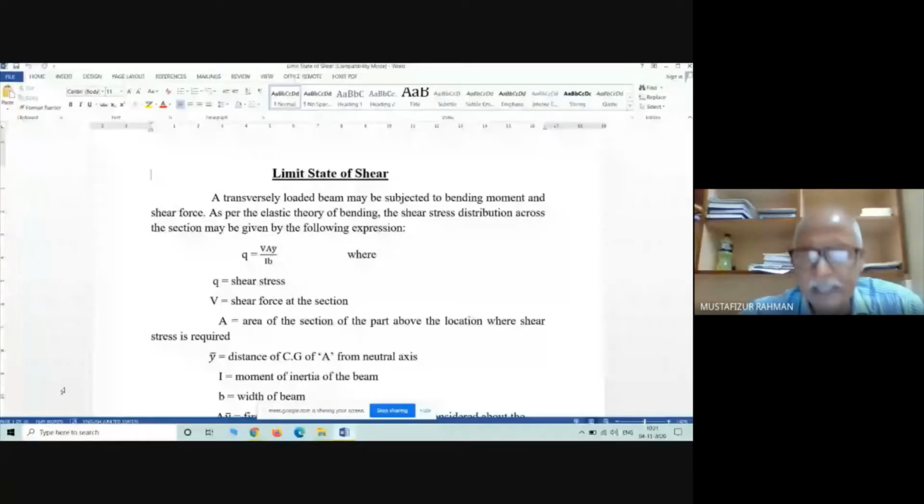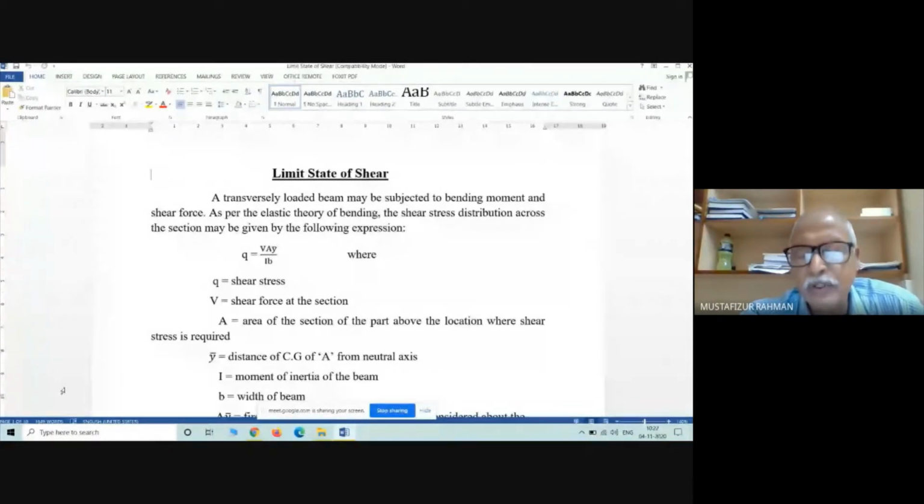If the reinforcements are provided only on the tension face, then the design will be singly reinforced. And sometimes we require some reinforcement in the compression zone also, otherwise the beam fails in compression.